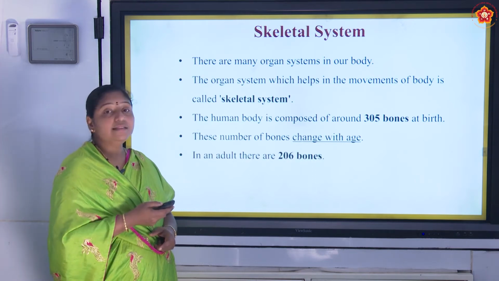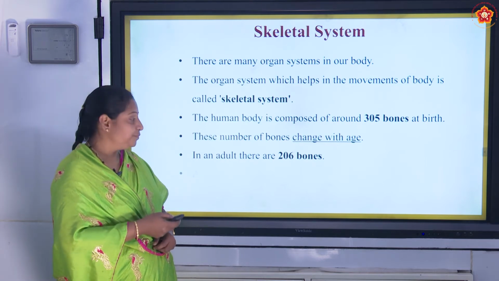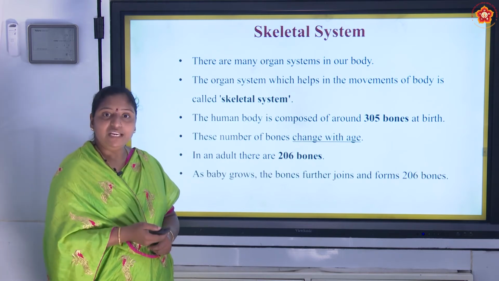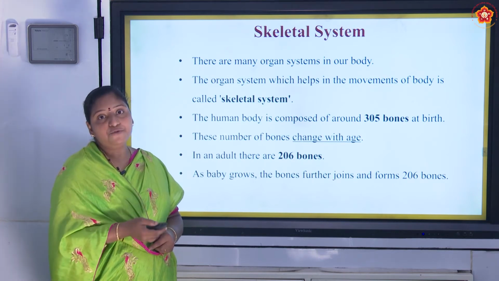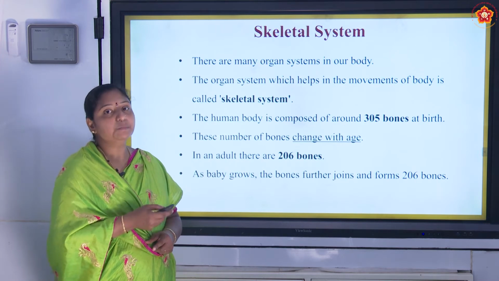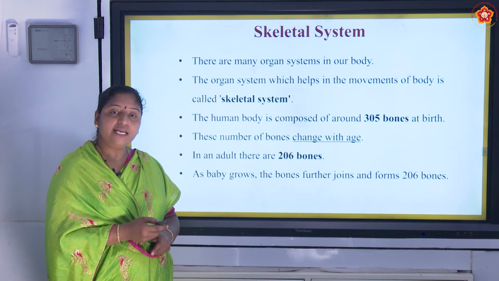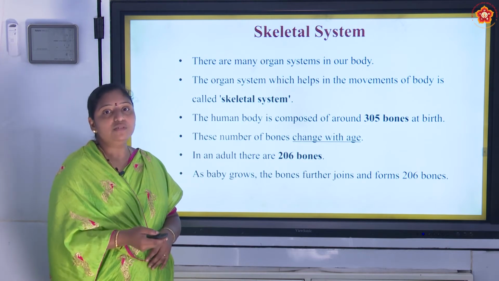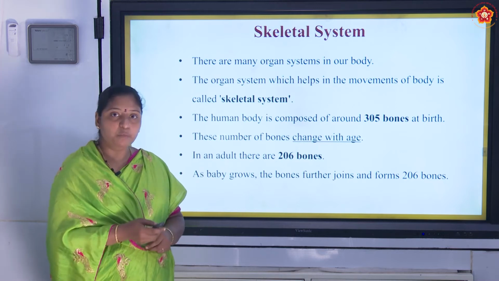In an adult, there are 206 bones. As the baby grows, the bones will join together and form 206 bones. During the infant stage, the number will be 305. When it grows and becomes an adult, it will become 206 bones.